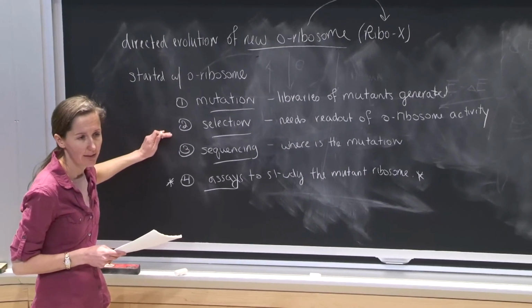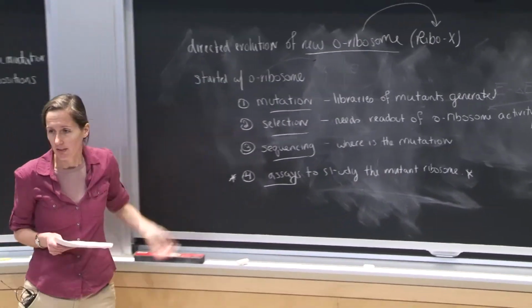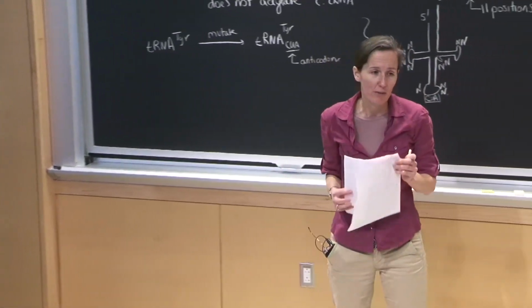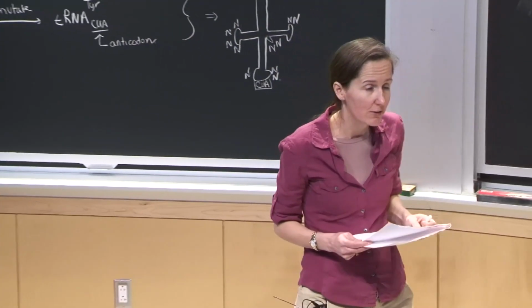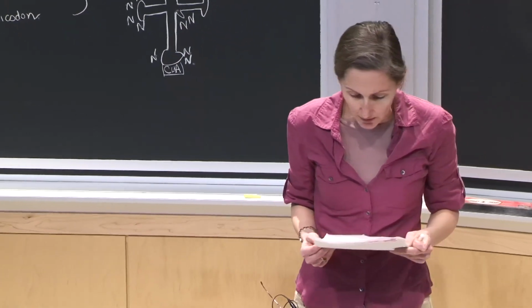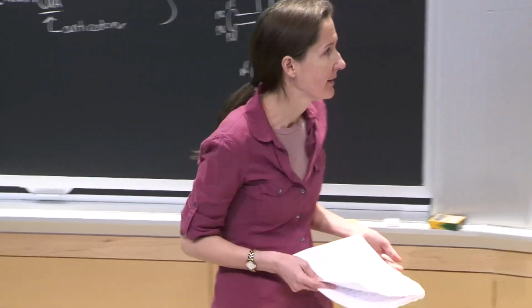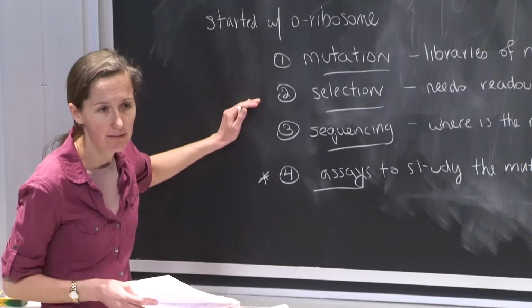Then there needs to be a selection process. The mutant needs to be active. Some of these mutations might cause the ribosome to be inactive, and that won't be very helpful. So they developed an assay based on antibiotic resistance to select.